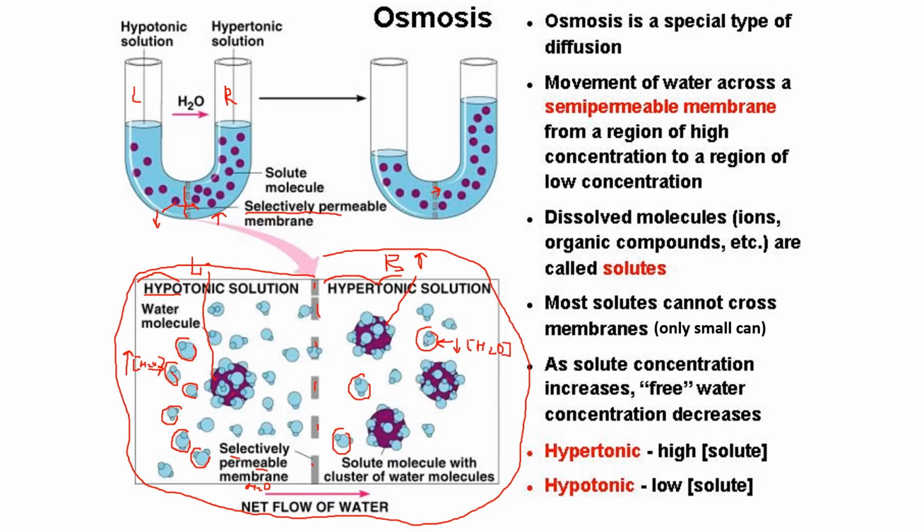And because of this semi-permeable membrane, we have a lot of these free water molecules on the left, so they will move to the right. This will continue until the concentration of the free water is the same on the right and left side. And this is what's happening in here. Now the concentration of the water is the same on the left and right side.